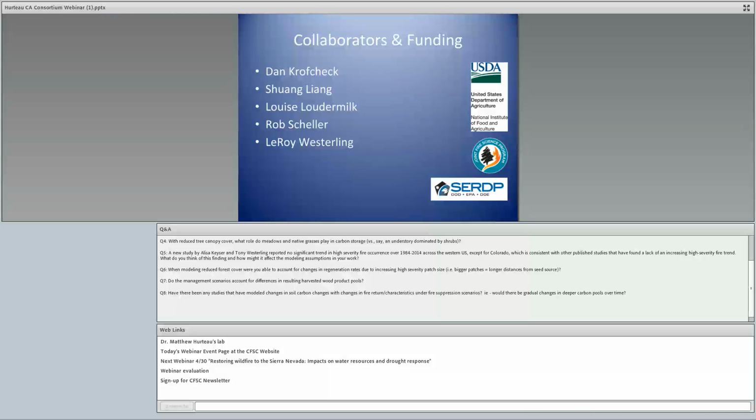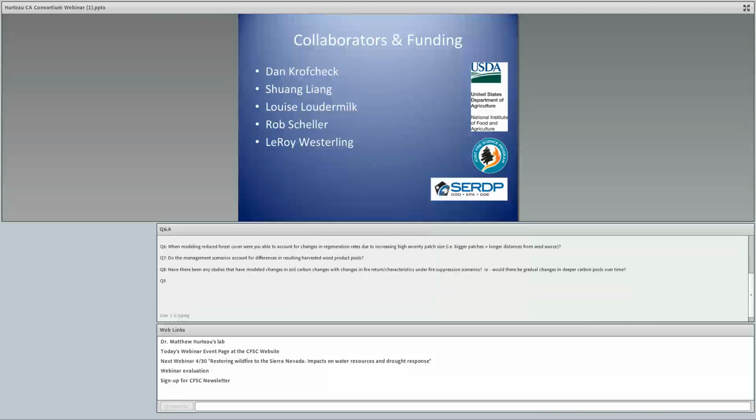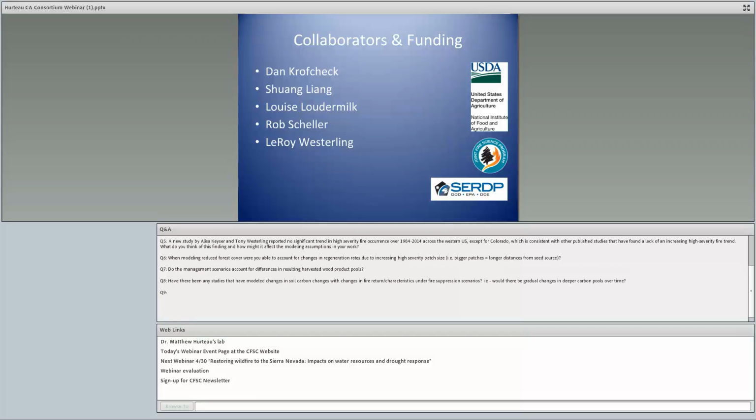So when we're running these simulations with the Century succession extension, we do have a soil model in there. And so we can look at changes in the soil carbon stock over time. I can't off the top of my head, I'd have to dig back into the results to look at what that entails.